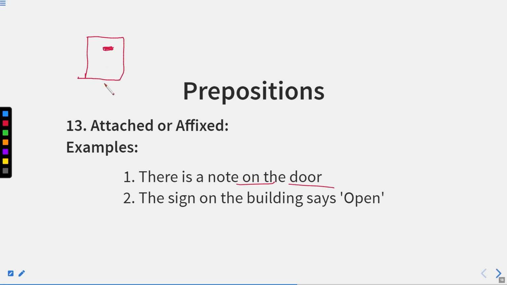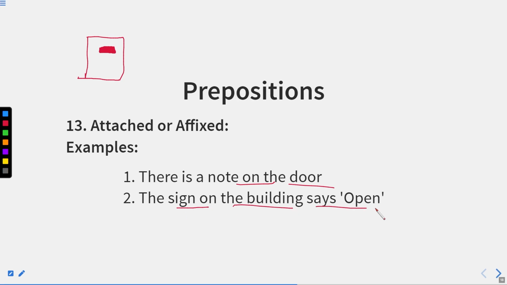Now, suppose I went to an office and I see that a note is pasted over there on which it is written that the office is closed for 2 days. Of course, this note will be pasted or attached to that particular door. So it is in contact with the door. So we can use the preposition on.